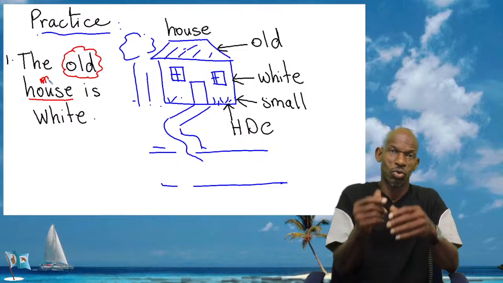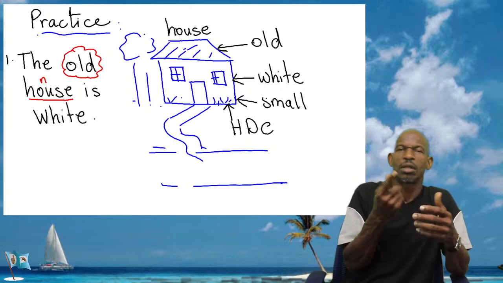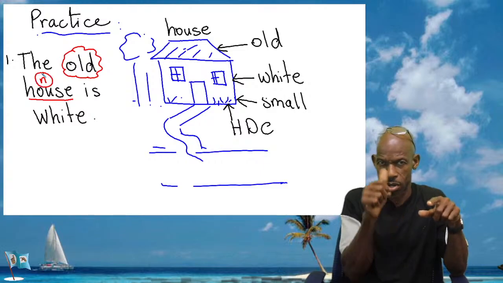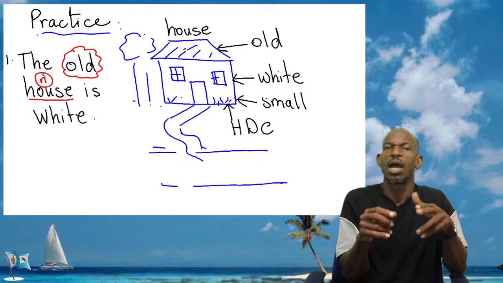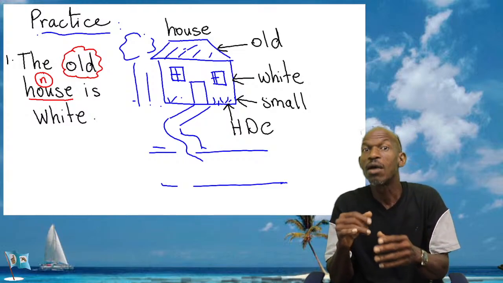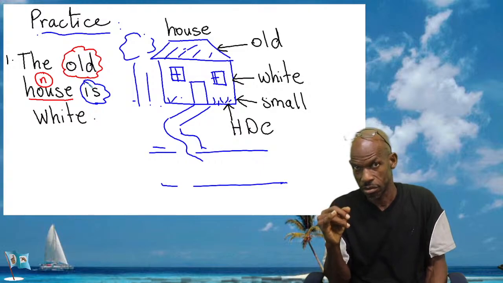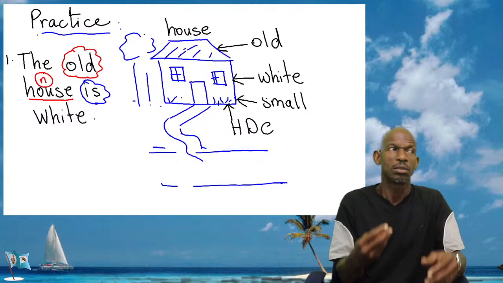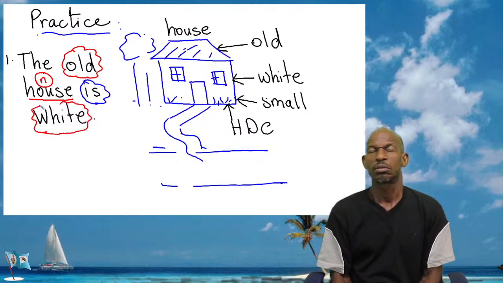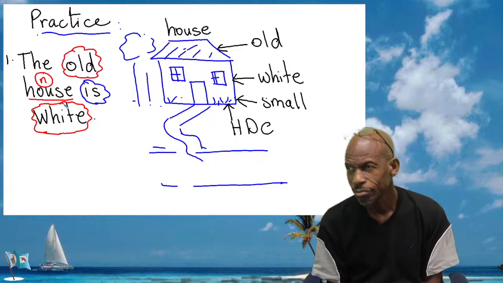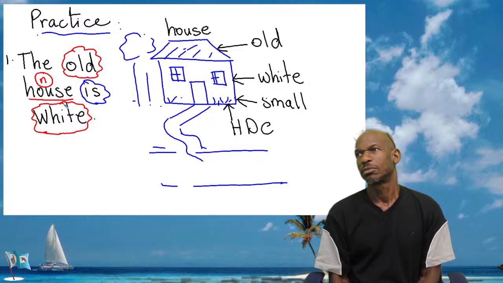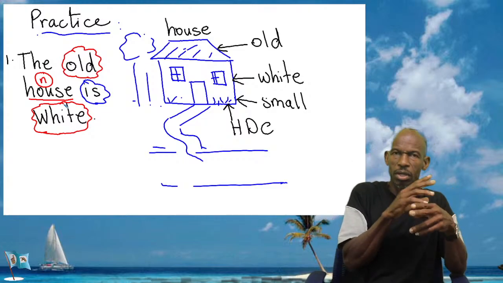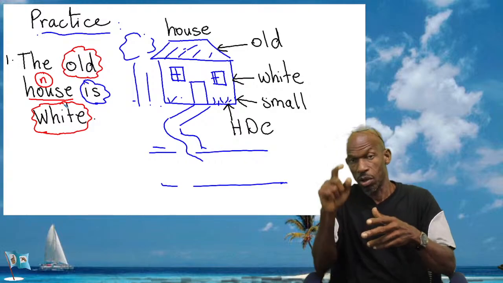I write an N for noun. Right? So this is a noun. And at the end of my sentence, after I put my verb is, then I put another adjective, which is white. So here I'm putting an adjective before the noun and after the noun. But to put it after the noun, I need to put my verb first. Okay, so the old house is white.